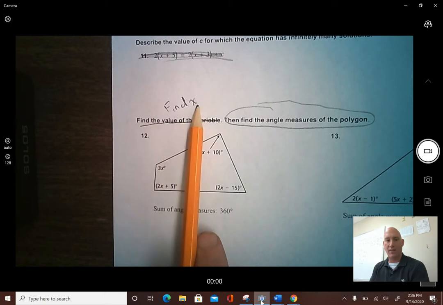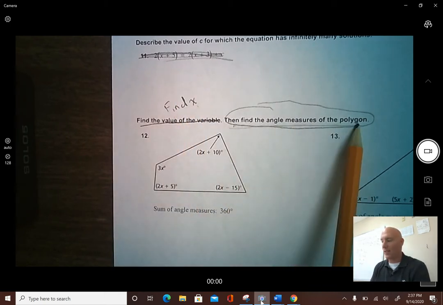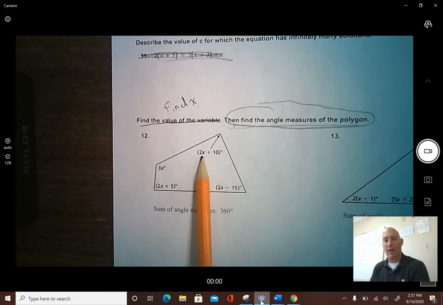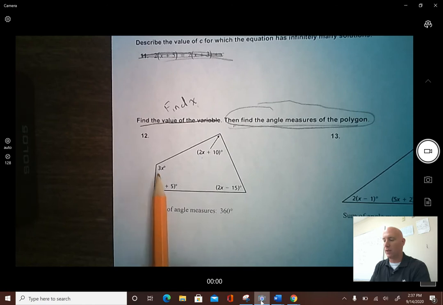So first you find the value of x. Then you take it and you plug it back into each angle to find the value of each angle. So let's just get going and start doing it. The sum of the angles measures 360 degrees. So the sum of the angles means this angle plus this angle plus this angle plus this angle.